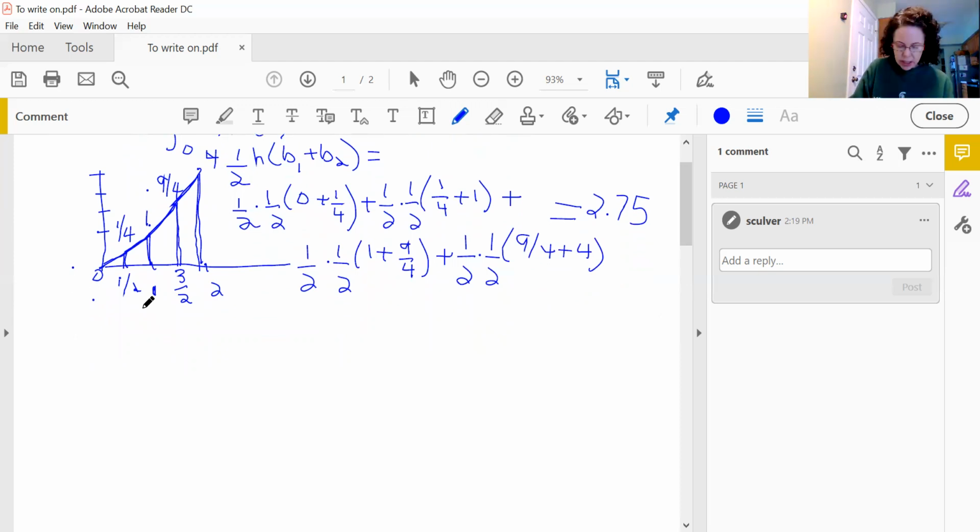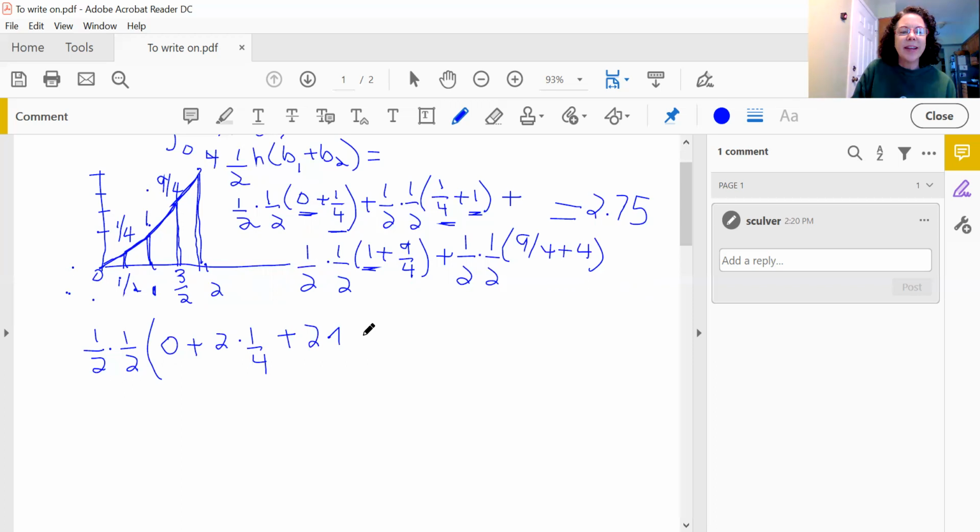Just want to point out to you that in all of these, there is the 1/2 times the height between the bases, right? Notice I used the 0 once, plus I used the 1/4 twice, plus I used the 1 twice.